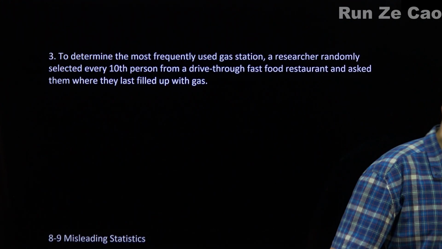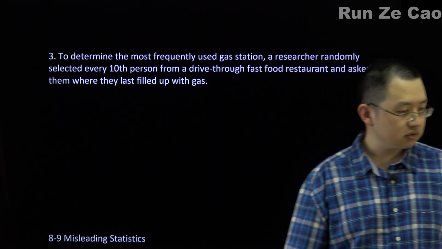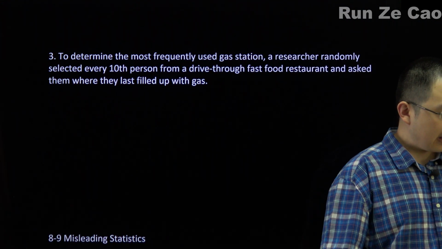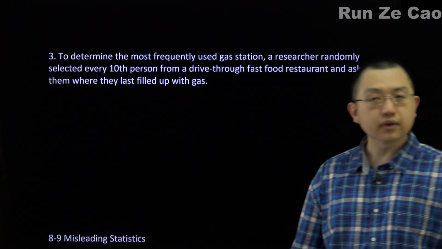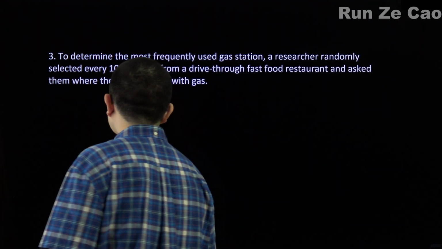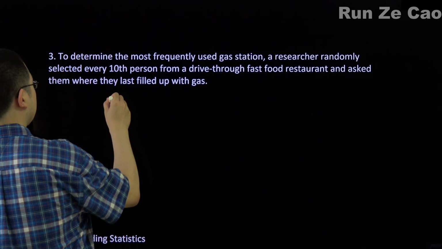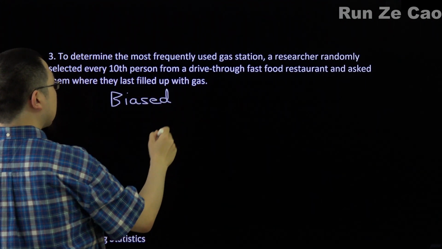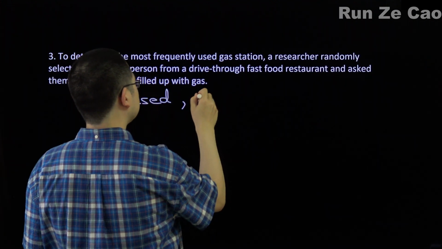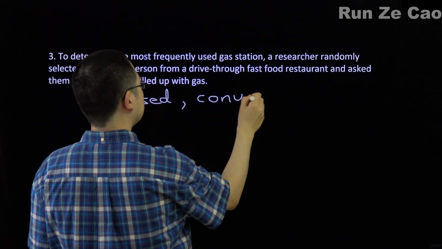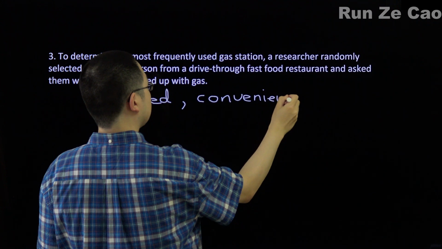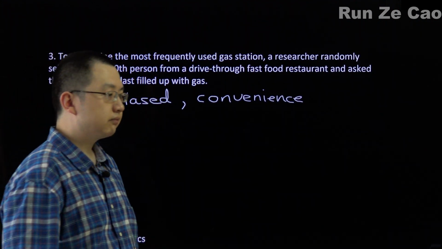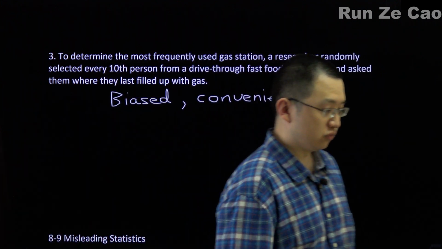To determine the most frequently used gas station, a researcher randomly selected every 10th person from a drive-through fast food restaurant and asked them where they last filled up with gas. This is biased. And it's a convenience sample. Why is it biased? Where is this fast food restaurant?